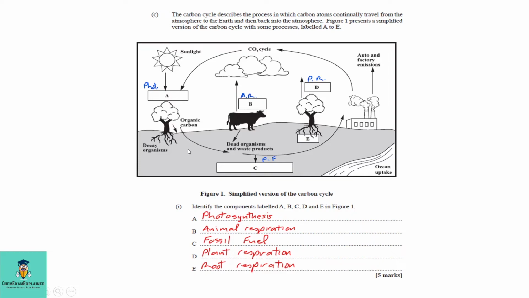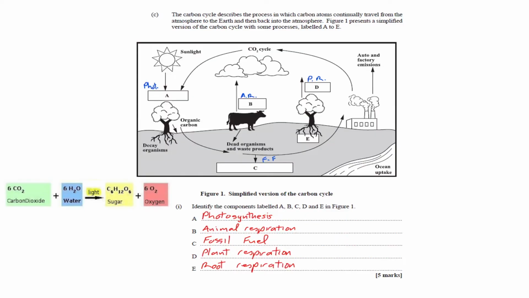So if we're looking at that process, we're to identify the components labeled A, B, C, D, and E in figure 1. So the process taking place at A is photosynthesis.